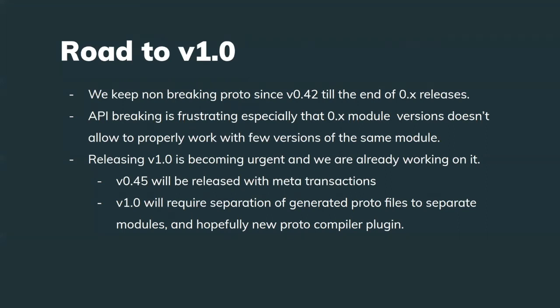For 1.0, we are really focusing now on doing the 1.0 release. We already see that the community is having an issue with keeping up with 0.4x releases, notably the tool developers who are not able to import 0.40-something versions of Cosmos SDK into their code at the same time.